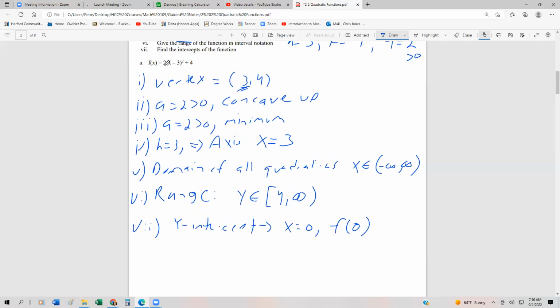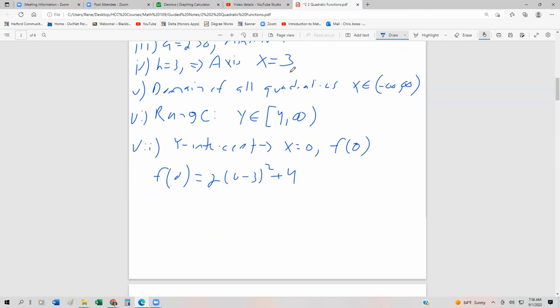Okay, so all I'm going to do is just substitute 0 back in for x. So f at 0 is going to be equal to 2 times (0 minus 3) squared plus 4. And if we evaluate that, that's going to be 2 times negative 3 squared plus 4, which is going to turn into 2 times 9 plus 4.